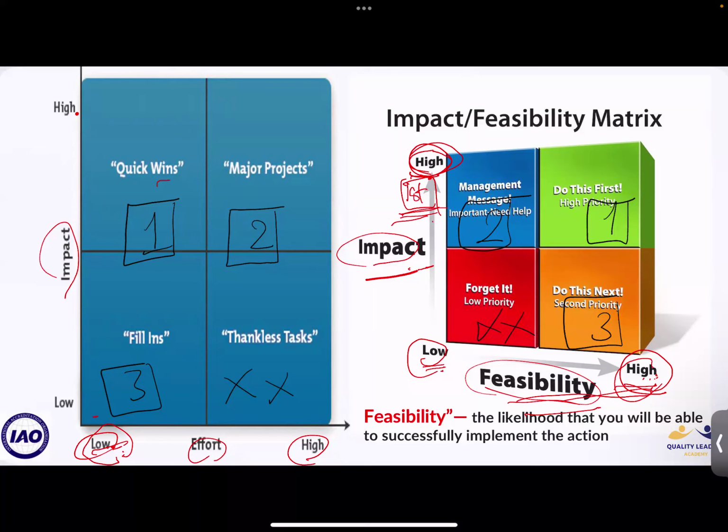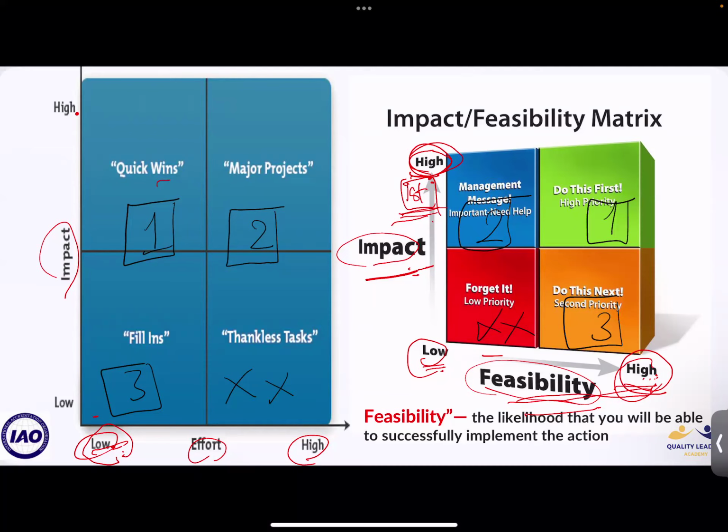I repeat, the exam might give you a table with different solutions and ask which one you should work on first. The first thing you go for is always high impact and high feasibility. Then you move to high impact and low feasibility. Always remember this one.